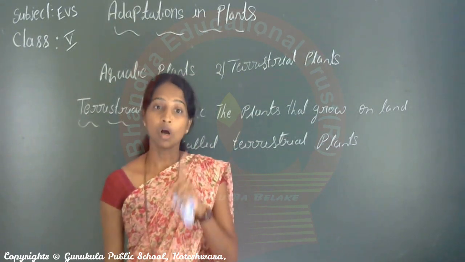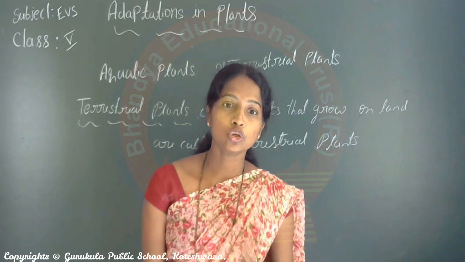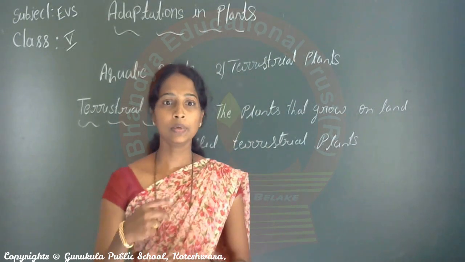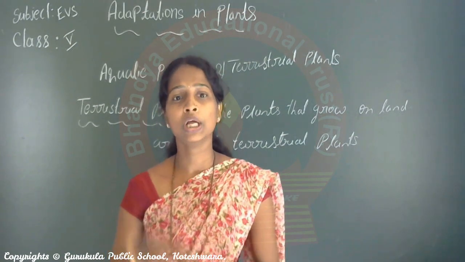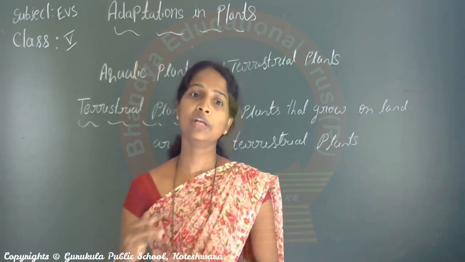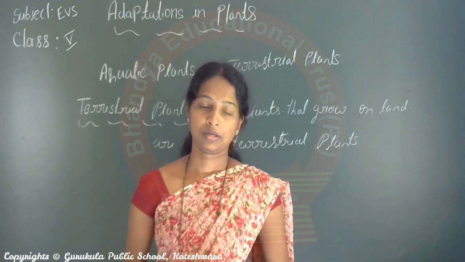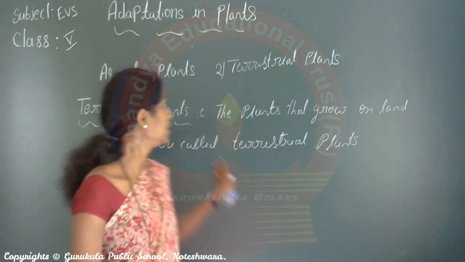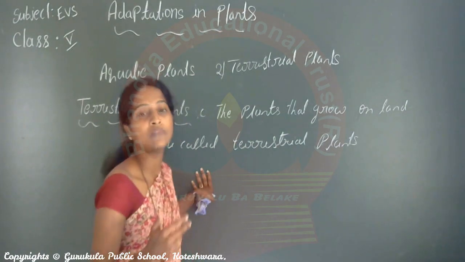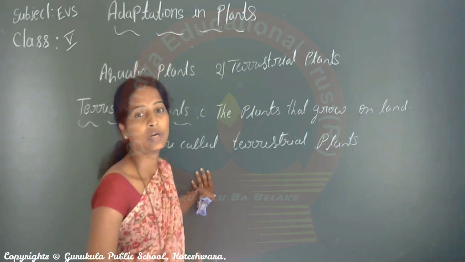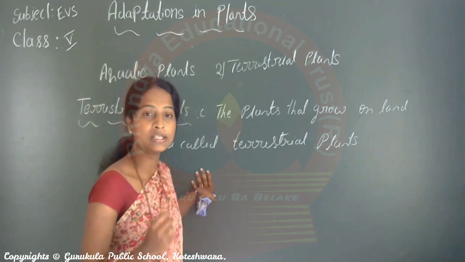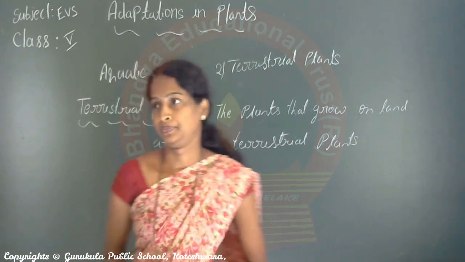Different terrestrial plants grow in different areas or different land forms. Let us see one by one.